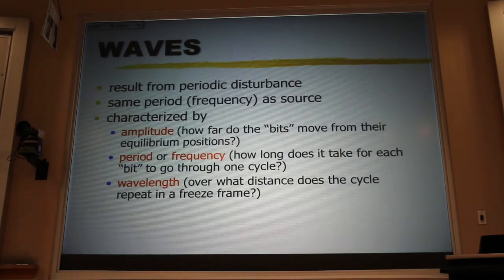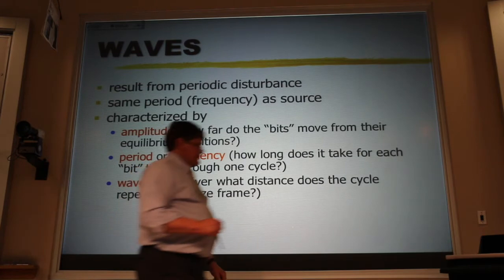If I look at this wave that I've created, the distance from crest to crest, we call the wavelength. Now if I just send a single pulse down there, I can't define a distance from crest to crest because there's only one crest. So a pulse does not have a wavelength, a wave does.